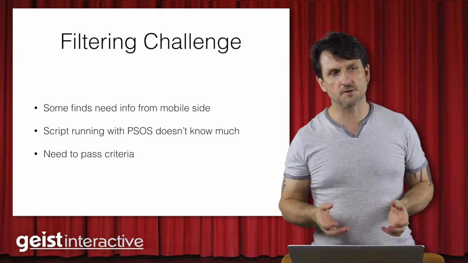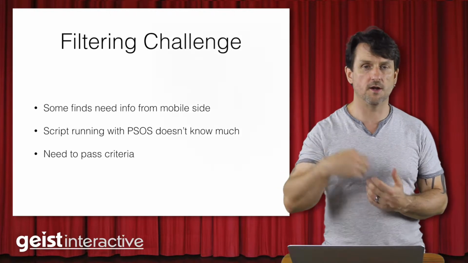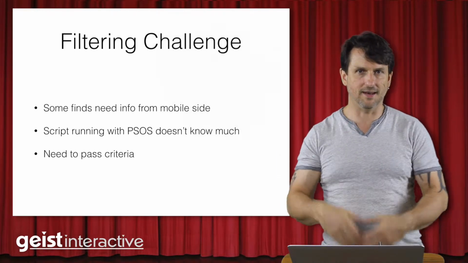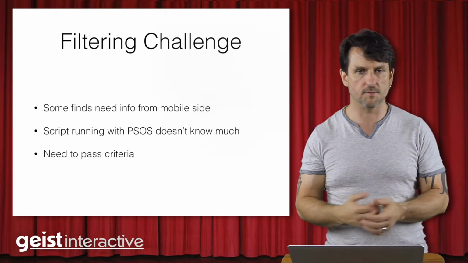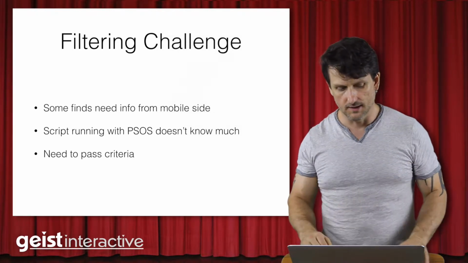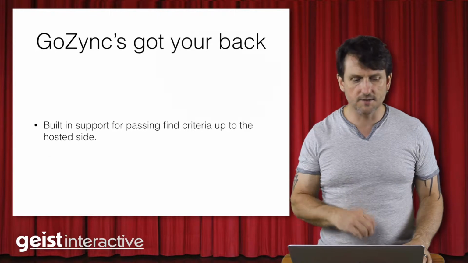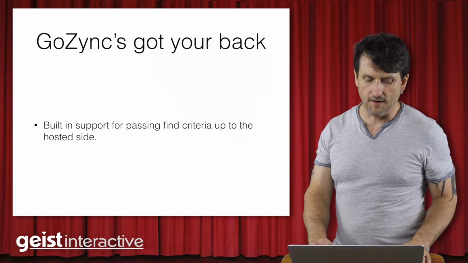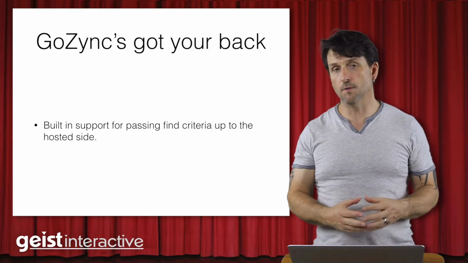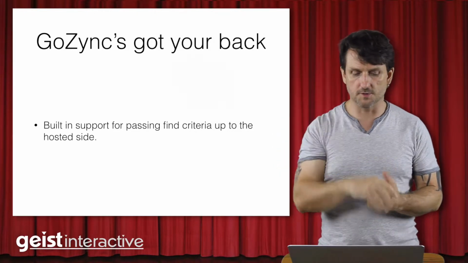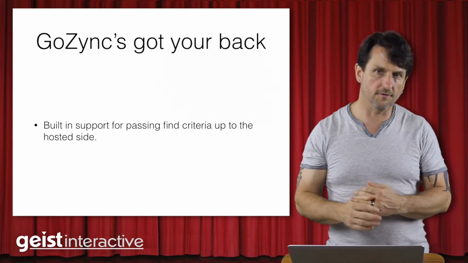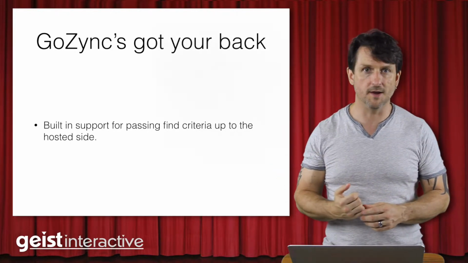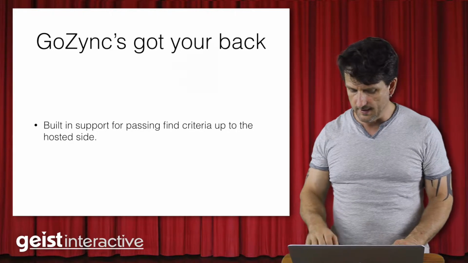Perform Script on Server is actually another connection, another session into the database, and the amount of state or information that it gets from the client is fairly limited. To overcome that, we had to come up with a way to pass in find criteria from the mobile device up through our Perform Script on Server call to the find that you do in your file, so that you could actually use that information as part of your find. And that's what we did.